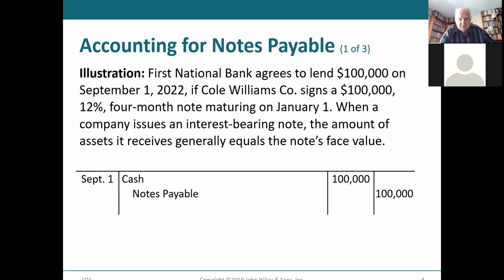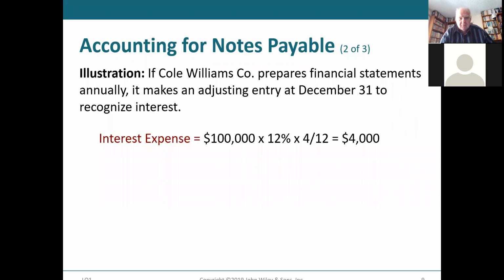Now what happens in the future? If Cole Williams prepares financial statements annually, you're going to need an adjusting journal entry to accrue the interest expense. That interest expense is 12% times $100,000, set up for 4 months because they borrowed the money on September 1st. $4,000 interest expense.